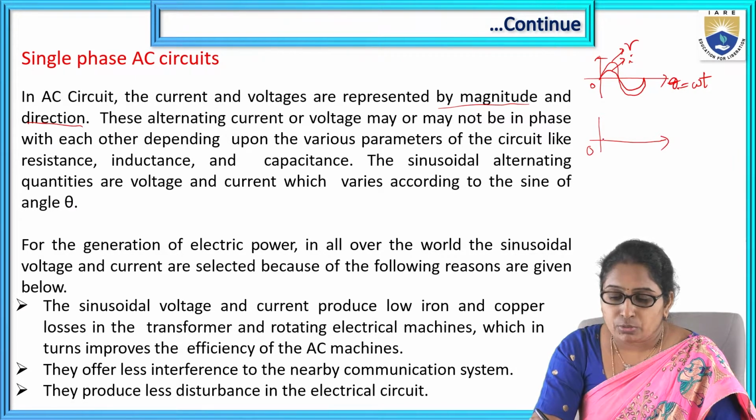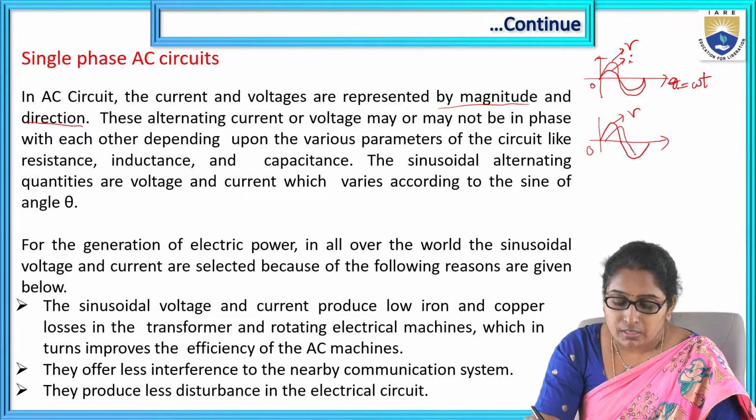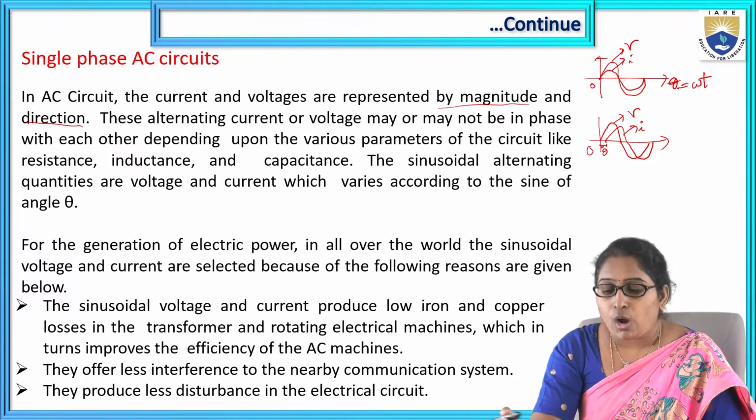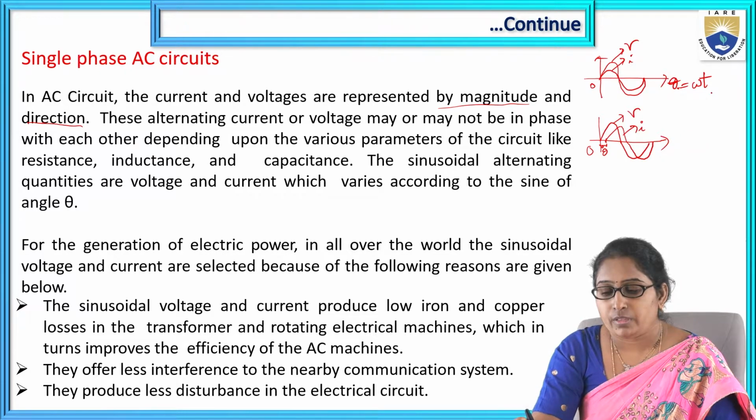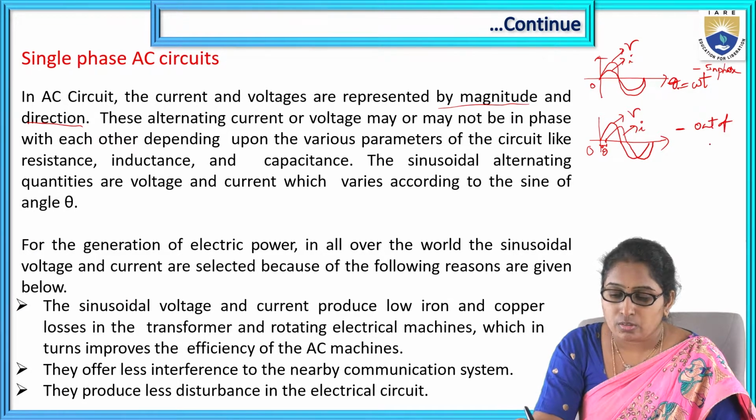Let me show. If it is a voltage signal, the current signal is behind. Let's say the angle difference here is theta. This is out of phase. The first one is in phase and this is out of phase.